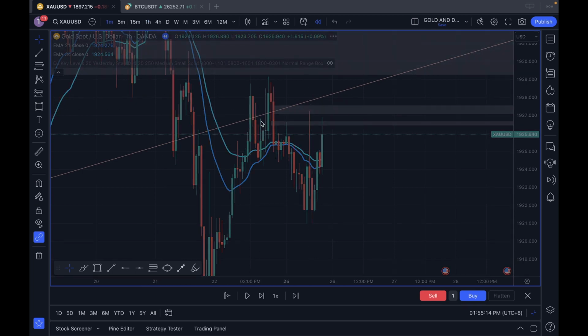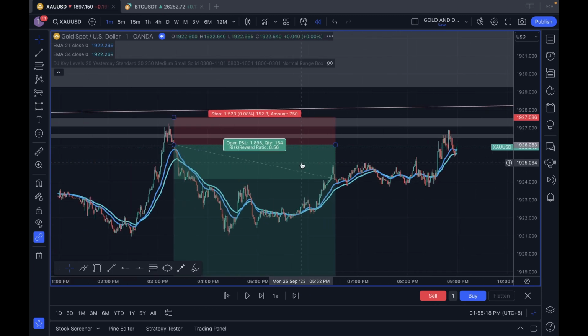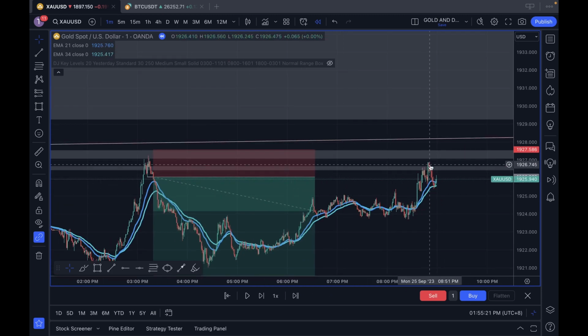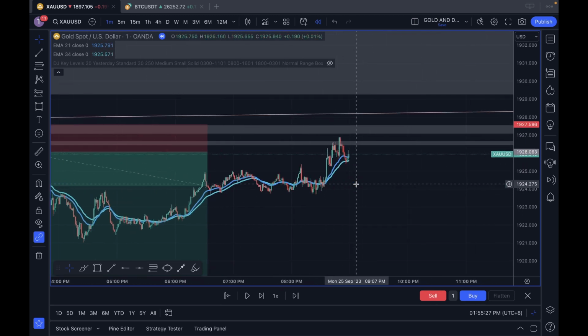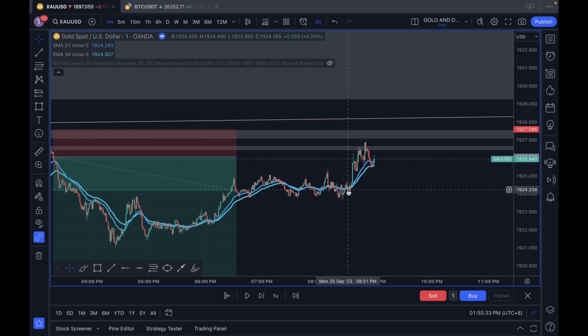Zooming into the 1 minute chart. Okay, this was the two areas you need. As long as price does not sweep this London high over here, created over here, which is the M15 FVG as previously mentioned. Okay, your stops, just wait for price to kind of break structure again on the 1 minute chart.